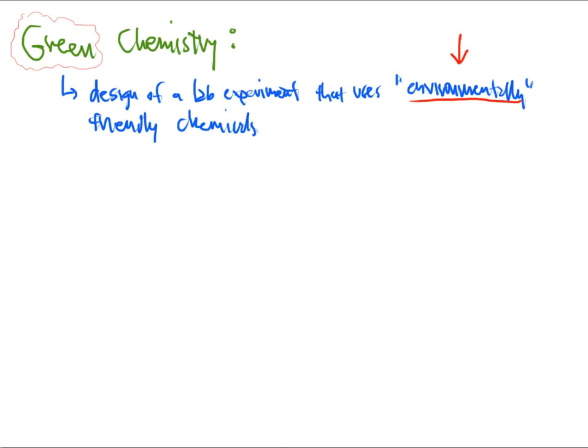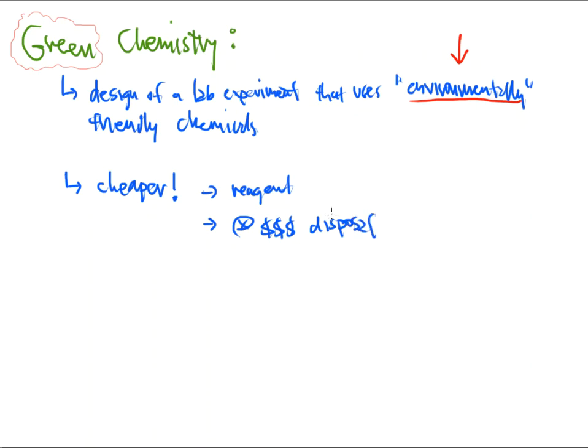So one of the things that I want to also keep in mind is that these reagents can often be cheaper as well. So if I pick a more environmentally friendly chemical, then that's probably going to be a little bit cheaper. Not only is the reagent cheaper, but if it's environmentally friendly and I can dump it down the drain or get rid of it through a discharge, then I don't need to pay a lot of money for someone to come and dispose of that chemical that I'm using in a laboratory.